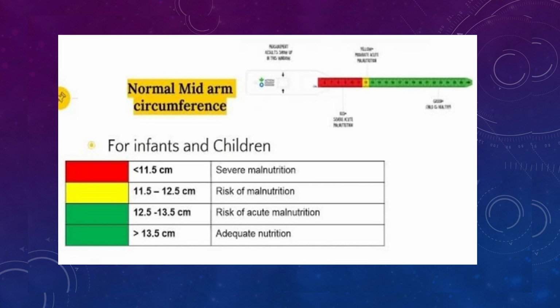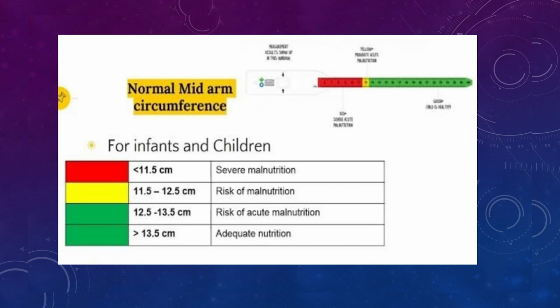When it is in the green part of the belt, between 12.5 to 13.5, there is a risk of acute malnutrition, like a mild malnutrition. And when it is above 13.5 centimeter, the child is having adequate nutrition, so that is the normal range. So, when the mid upper arm circumference is more than 13.5 centimeter, that is called a healthy child.